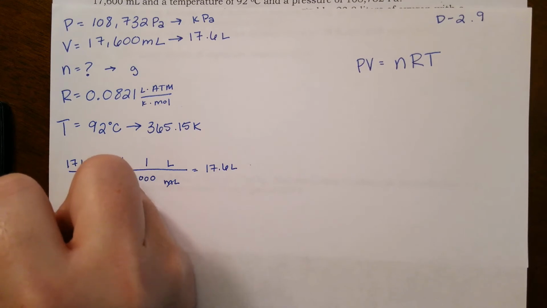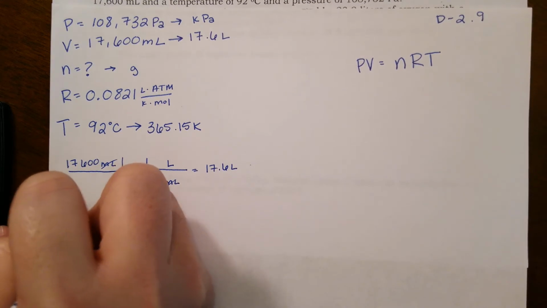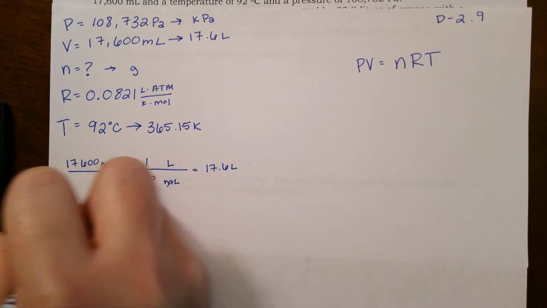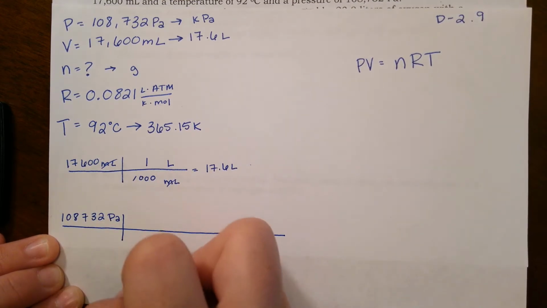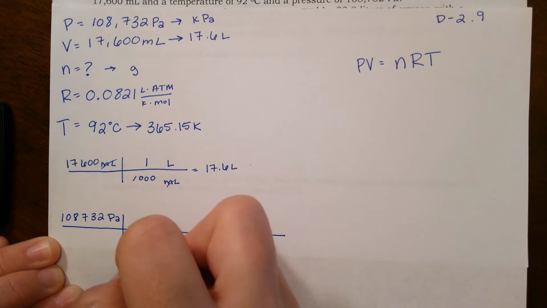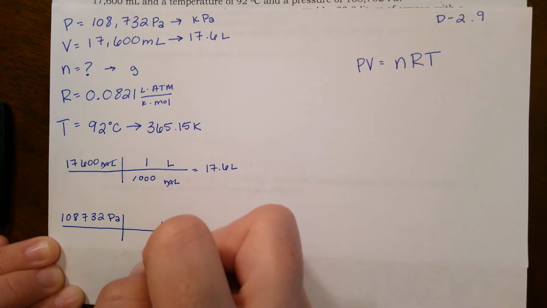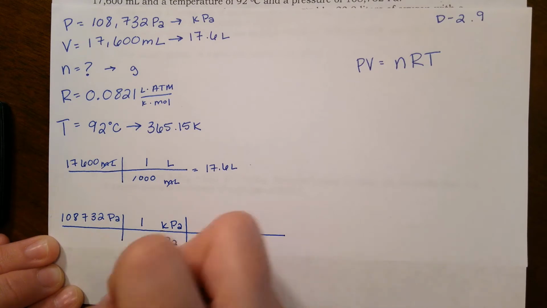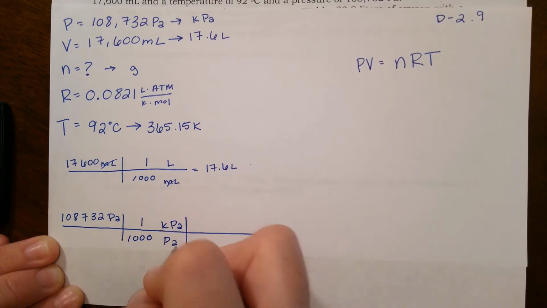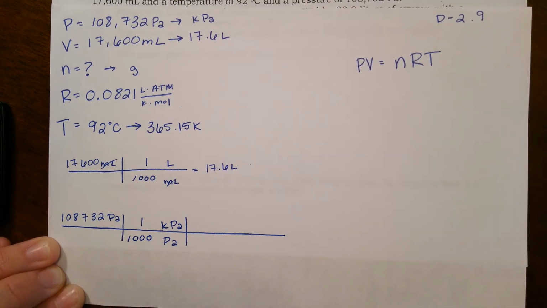So we're going to do 108,732 pascals. The first thing we're going to do is follow through pascals up top down to the bottom, and we're going to go to kilopascals first. So the larger one gets the 1, which is kilopascals, and there are 1,000 pascals in 1 kilopascal.